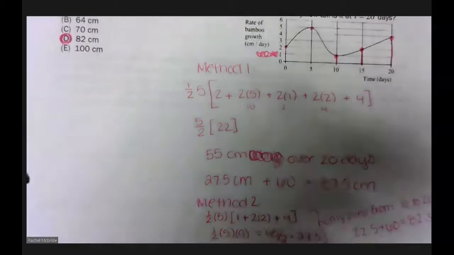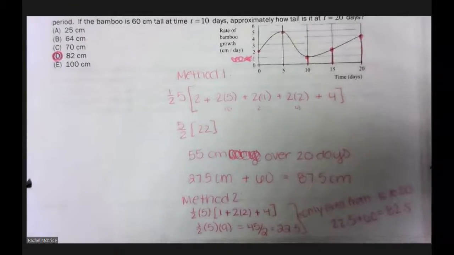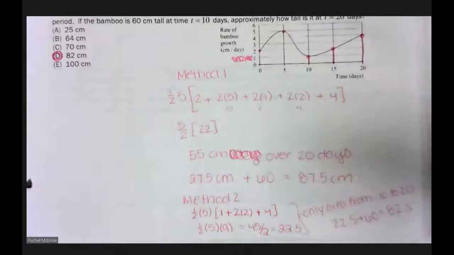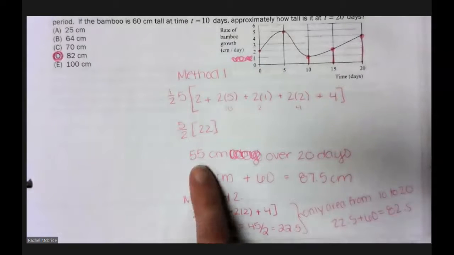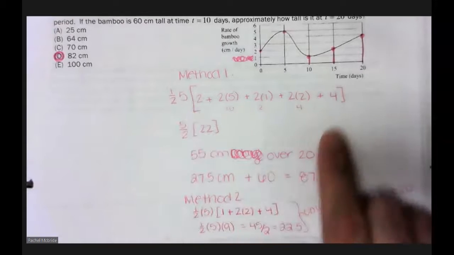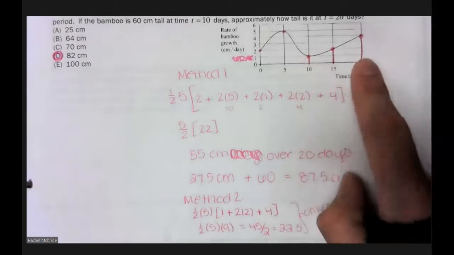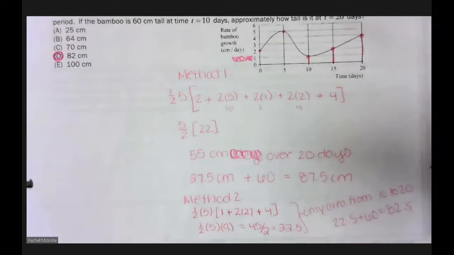Number 10. Number 10, I kind of decided you could do this one of 2 ways. So the first way was to use your trapezoids again. And you can see I drew in my trapezoids because you were only going from 10 to 20.